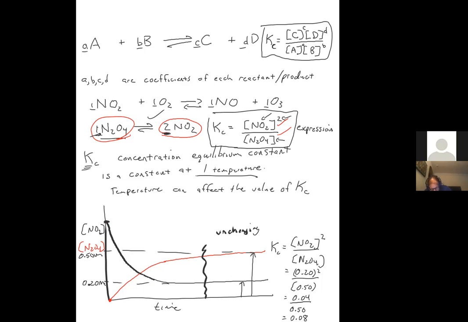So we just figured out what Kc is. All we had to do was figure out what the concentrations of these two materials are far enough out so that we know they're not changing anymore. You wouldn't do it here because see, they're changing. But once you get out here, they're not changing anymore. So you just measure their concentrations, plug them into this expression for Kc, and you can get the value.